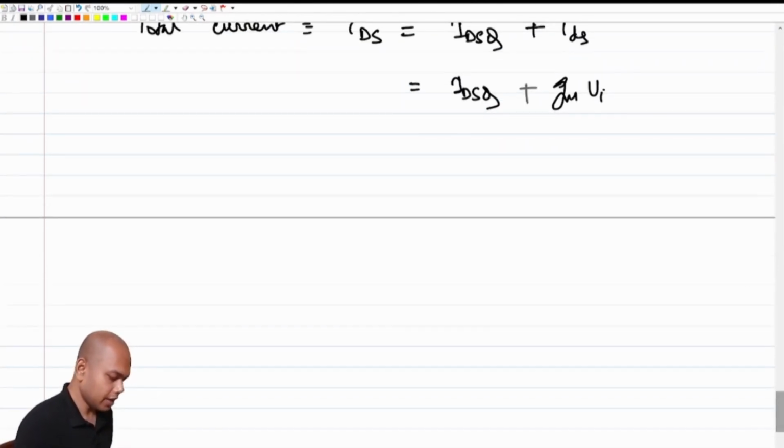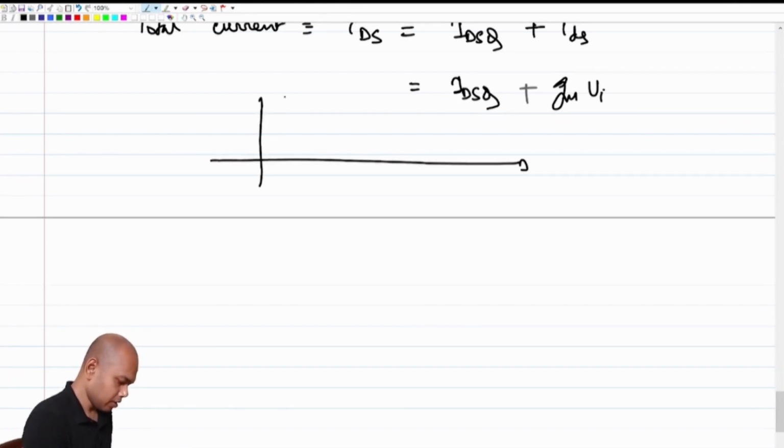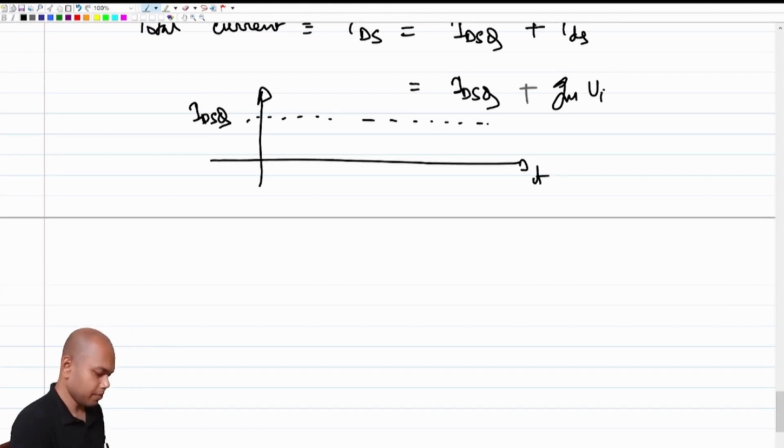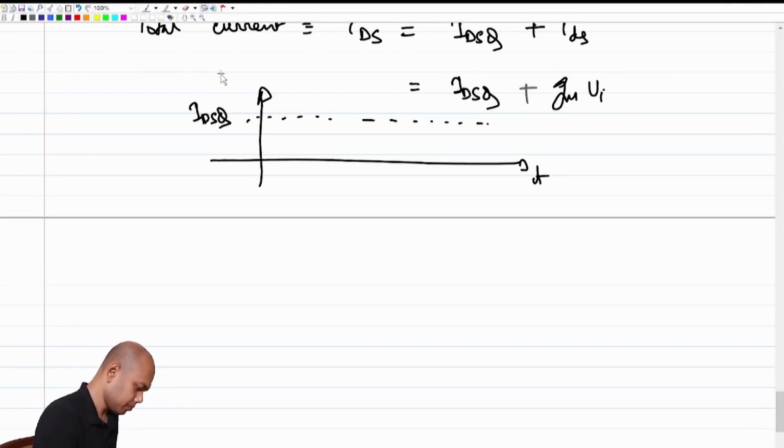What is the inequality that we are bothered about in this case? Let me sketch it. Let's say this is IDSQ, this is with respect to time. Let me sketch it on the next page.